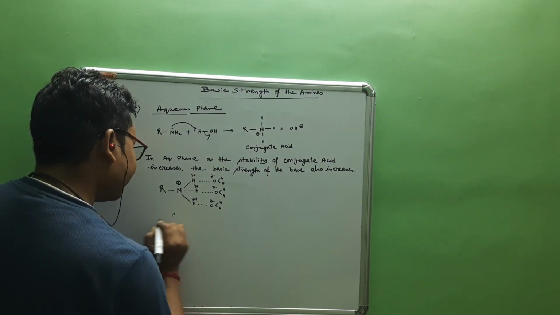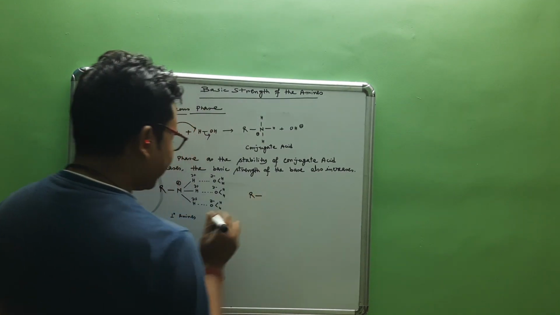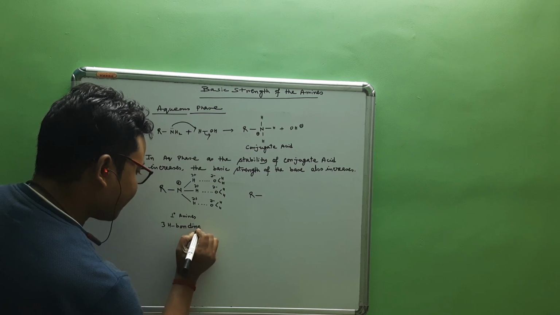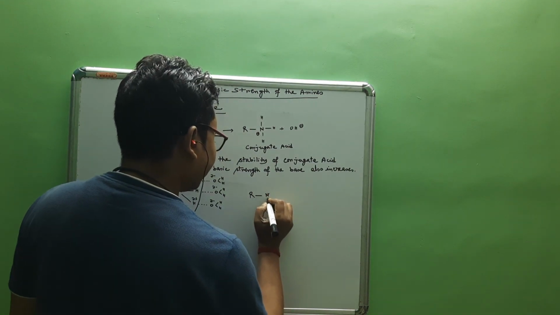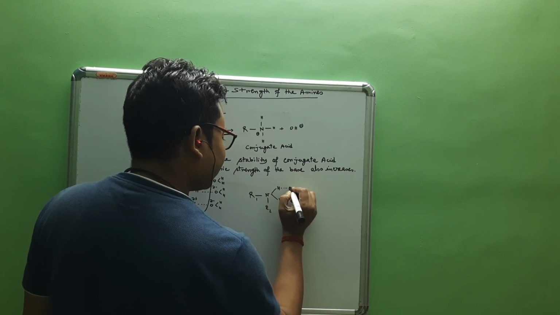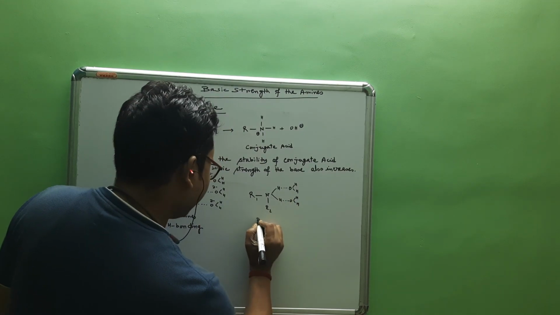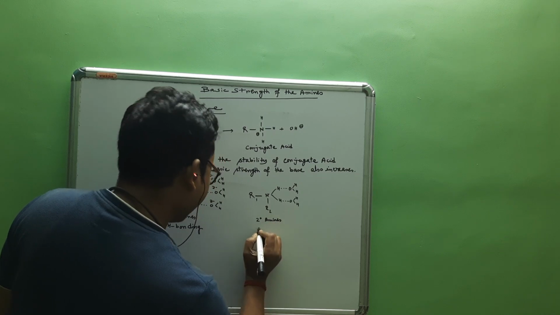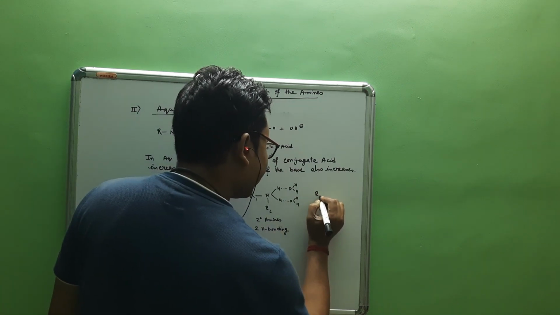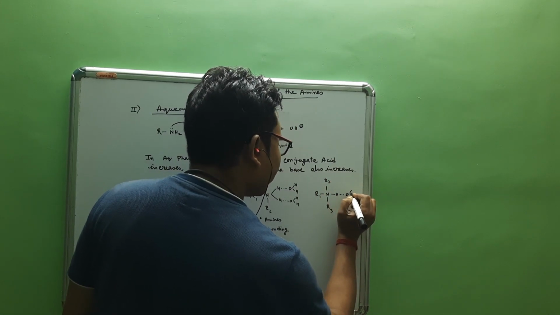So for 1 degree amine, there are three hydrogen bonding, and for 2 degree amine, the number of hydrogen bonding is 2, and for 3 degree amines only one hydrogen bond exists.